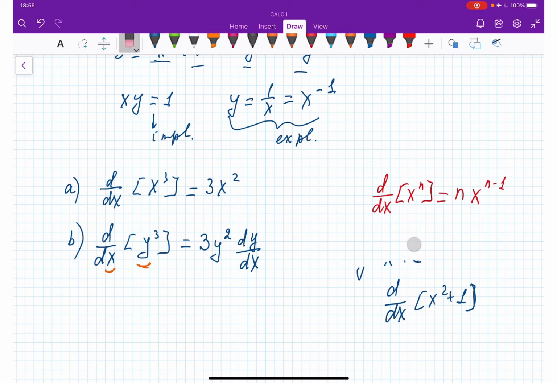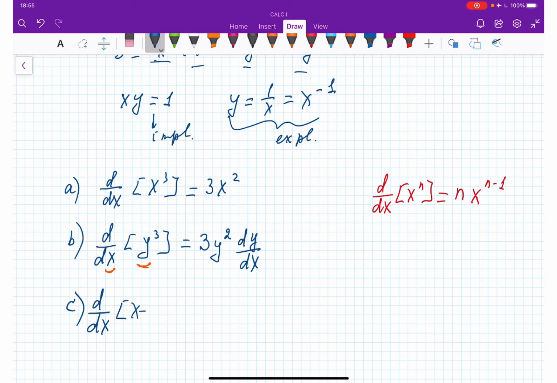Okay, next example. The derivative by x of x plus 3y. So this is implicit form, right?